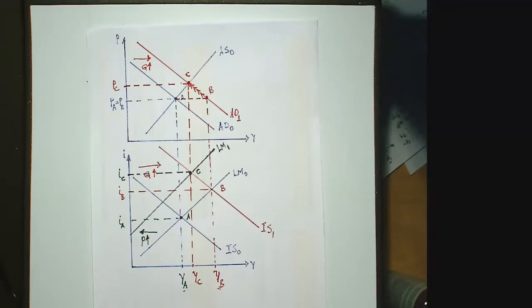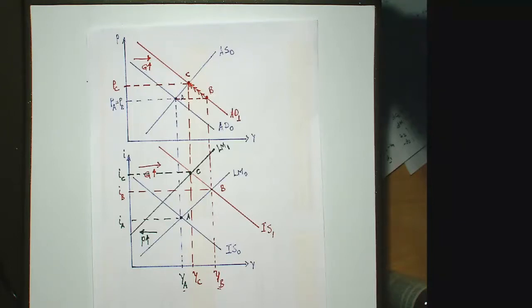Investment demand would decrease even more, so we would have a second crowding out effect at point C. This point C in our AS-AD and IS-LM model is considered the short-run equilibrium, because at point C we have an equilibrium between AS and AD, and also an equilibrium between LM and IS. So at point C we have a short-run equilibrium in both models.